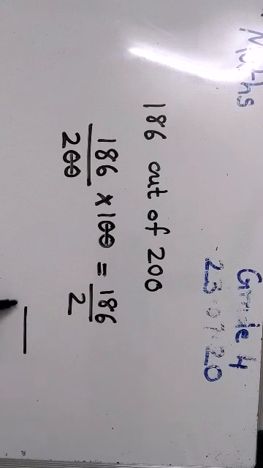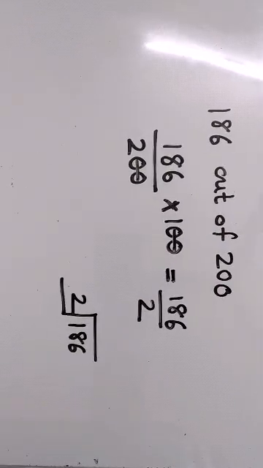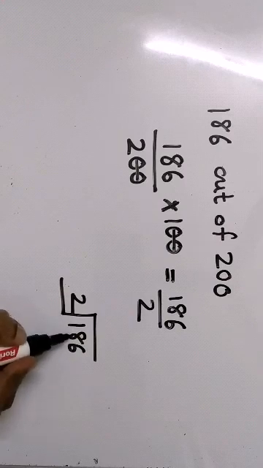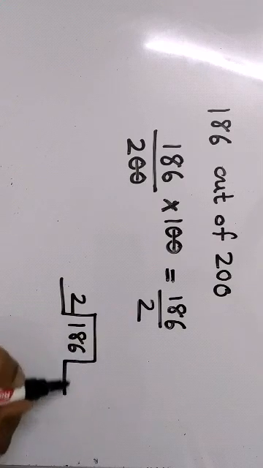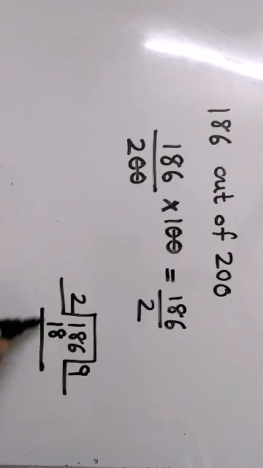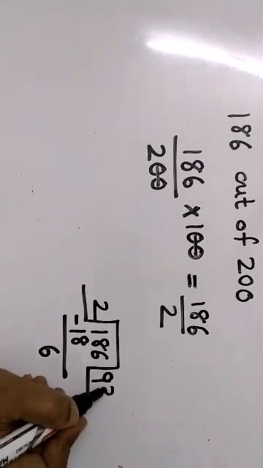Right? Now what we need to do is, we need to divide this. So 186 you divide it by 2. I know some of you can do it mentally, orally, but some of you need to divide. So 2 goes into 18, 2 9s are 18, and you bring down 6, and 2 goes into 6, 2 3s are 6.